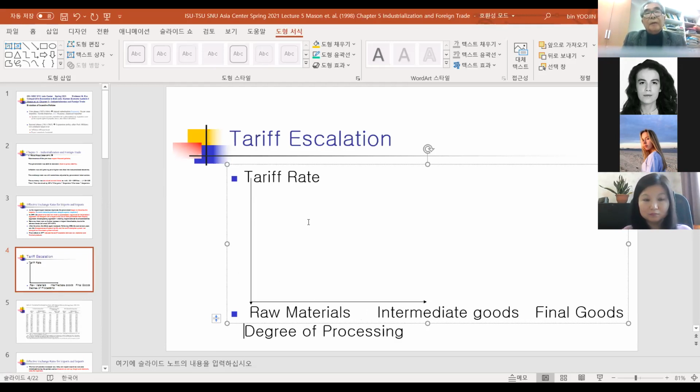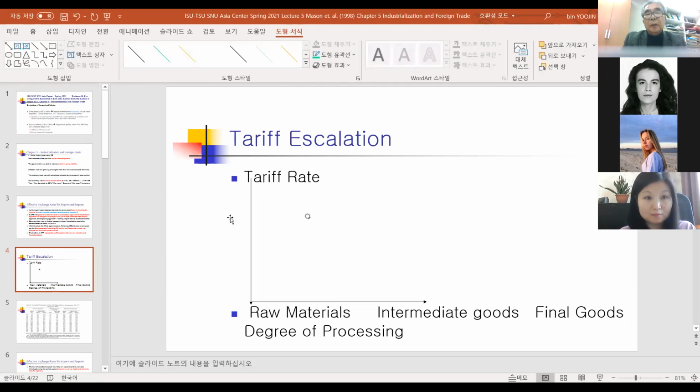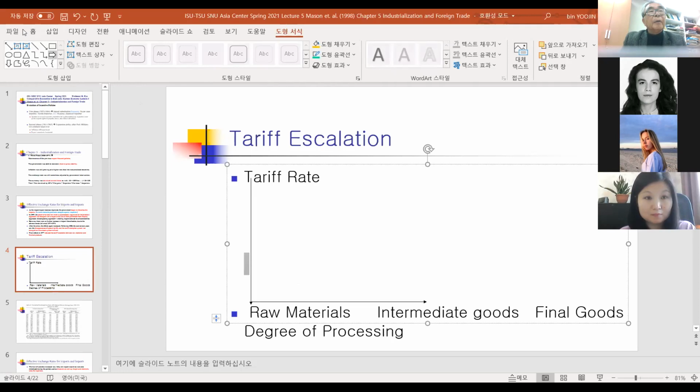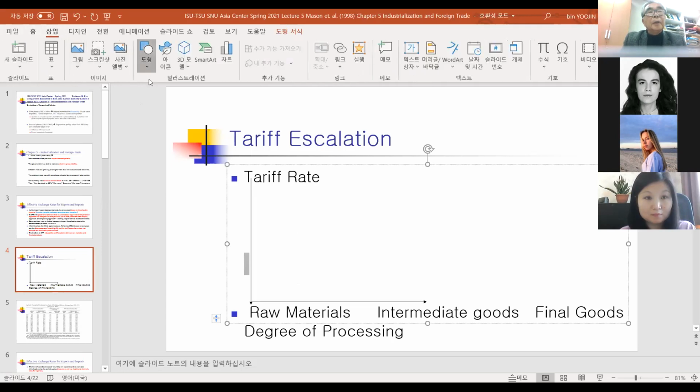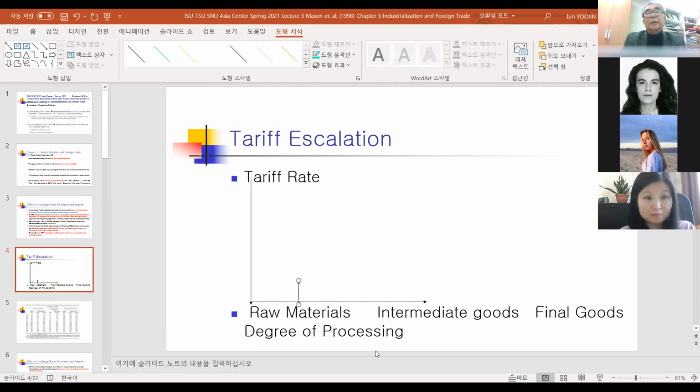So in that case, the tariff rate structure is something like this. The raw material tariff rate is very low, like this. But intermediate goods, a little bit higher.